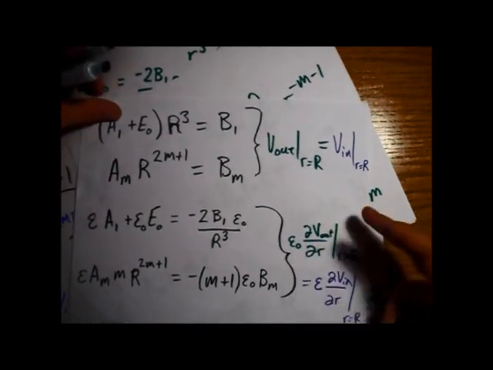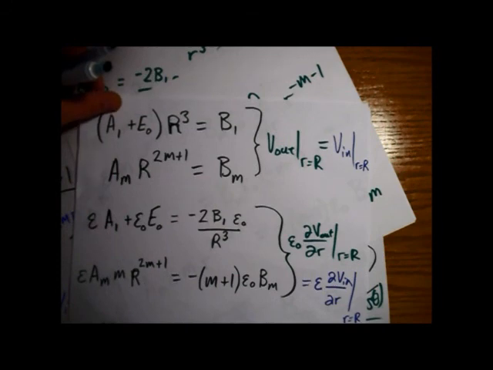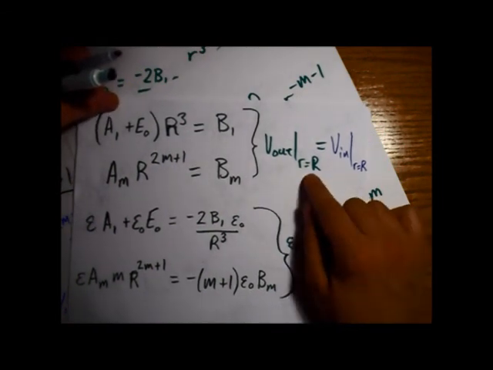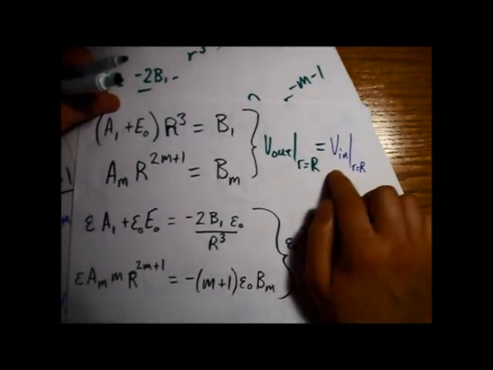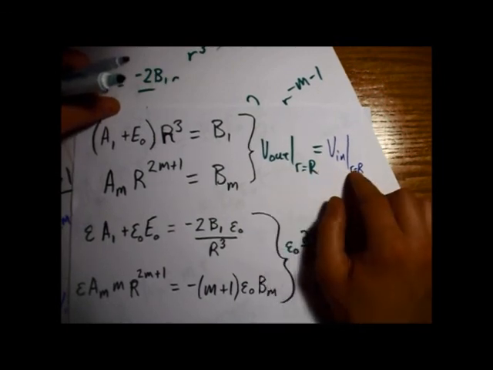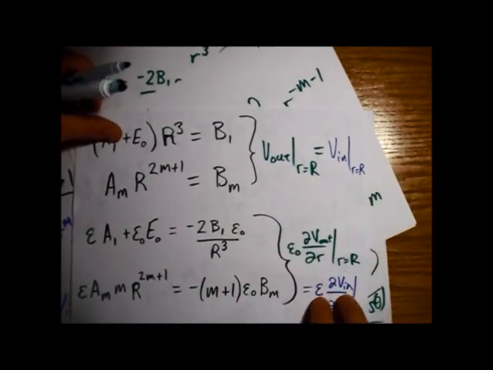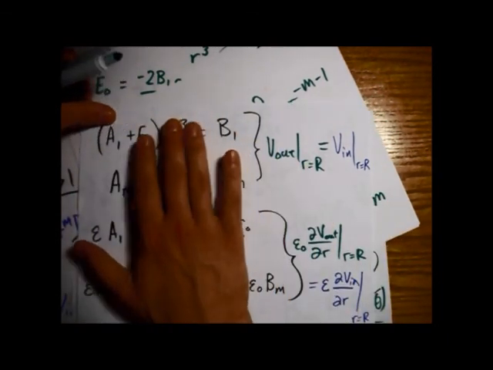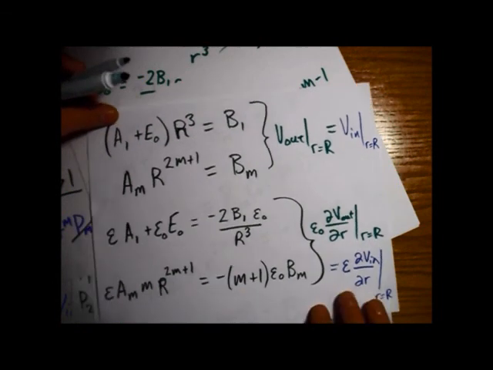We probably got rid of a minus sign if you want to actually write the displacement field out, right? Okay, and here the potential has to be continuous, right? So we use this boundary condition and this boundary condition, and we got these 4 equations, all right?